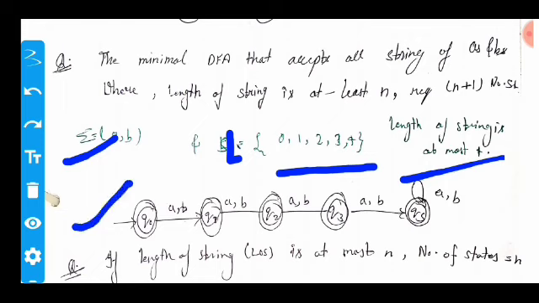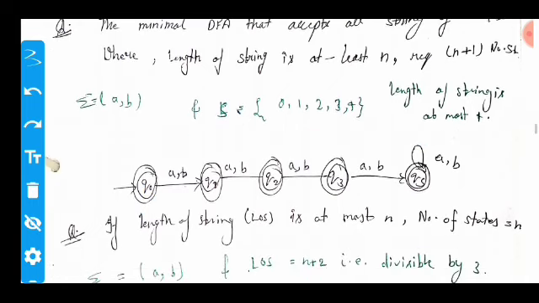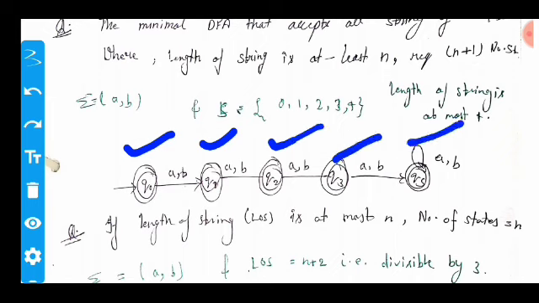So we draw the DFA: the zeroth state is the final state as well as the initial state, and the first state is followed by all the states 1, 2, 3, 4. So the total number of states here is 5.